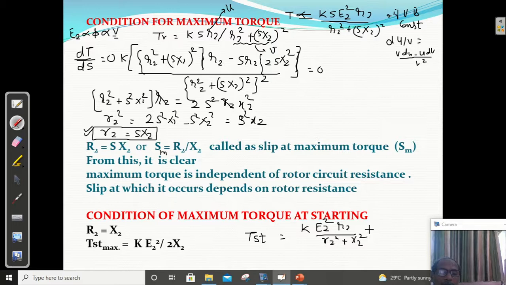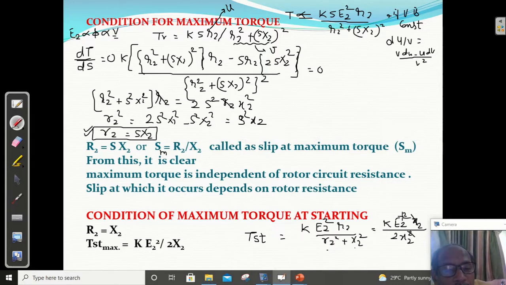If you write X2 here, what will come? Put R2 equal to X2, so you will get K E2 square X2 upon X2 square plus X2 square, which is 2 X2 square. So this will be cancelled. You will get E2 square, T starting equal to T start maximum.